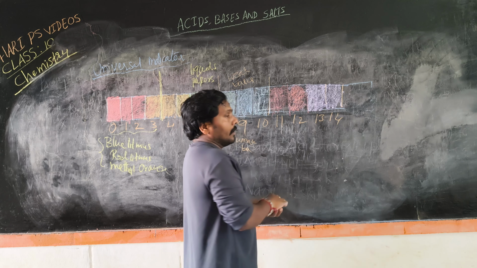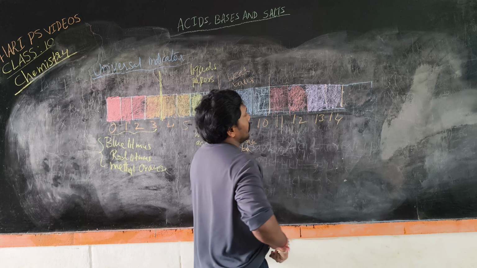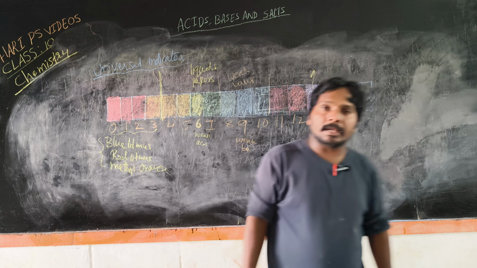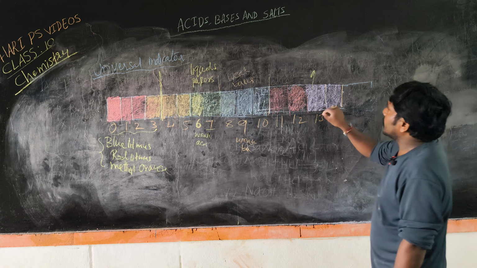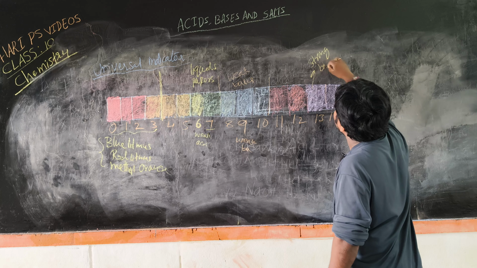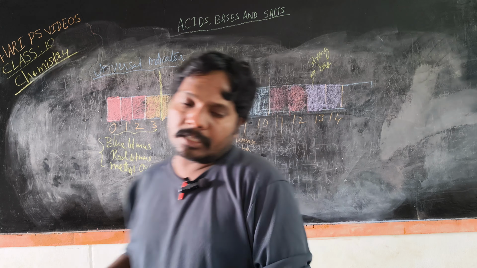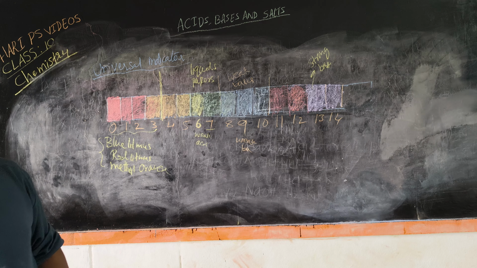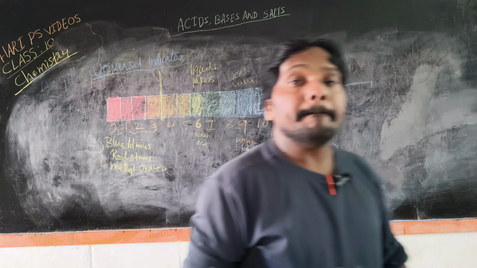If the solution forms purple color on the universal indicator, that represents a base, and that too a strong base. So by using this universal indicator, we can easily identify the strength of either acid or base.